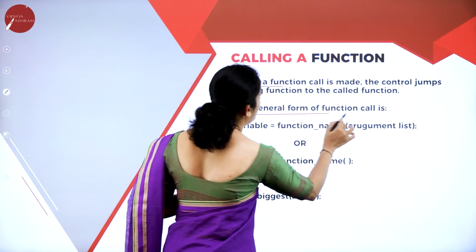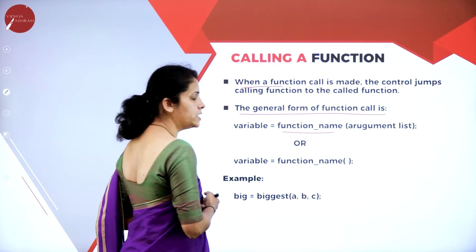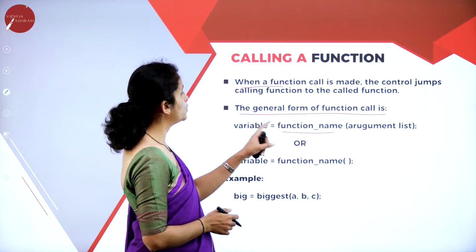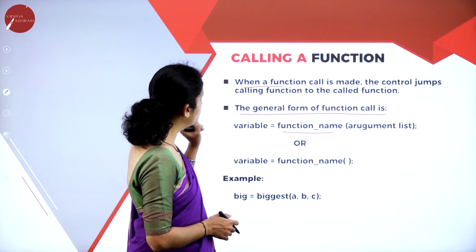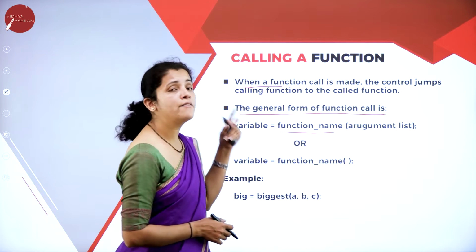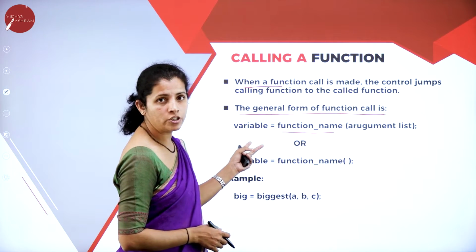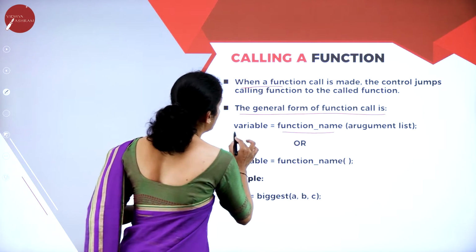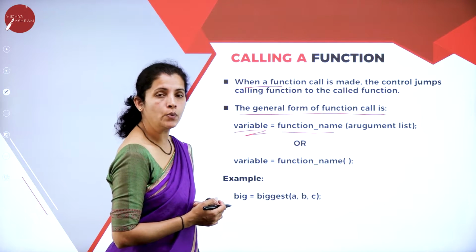In the general form, I have the function name, I specify the argument list, and I assign the result to a variable. Why do I assign the value to a variable here? Because some functions may return a value to the calling function. In that case, to hold the return value, I require a variable. For that reason, I write the variable.